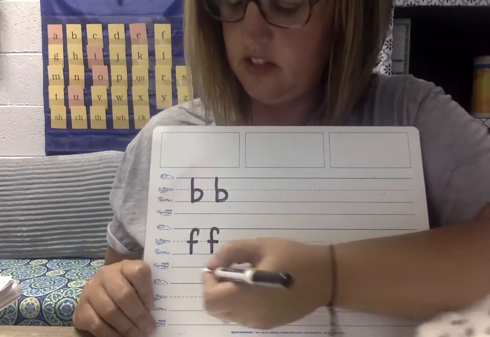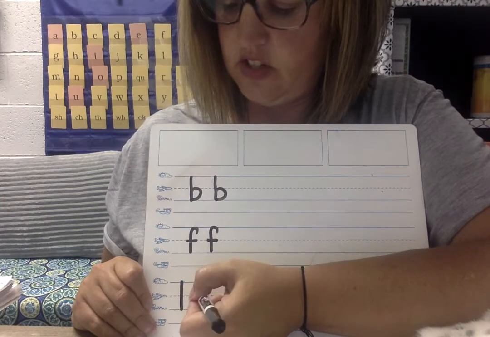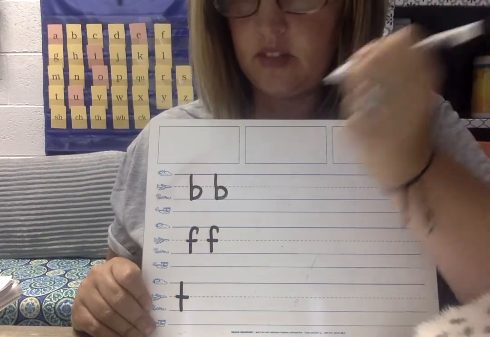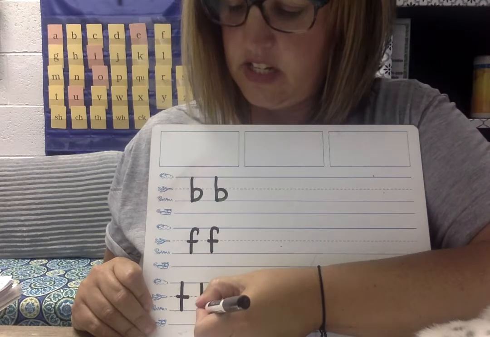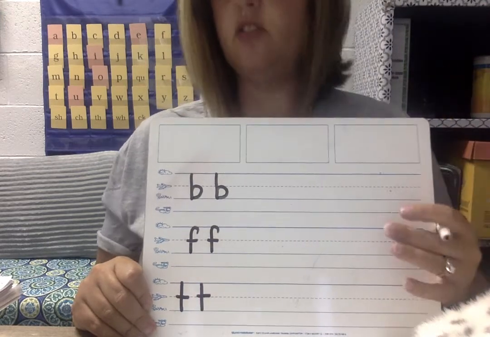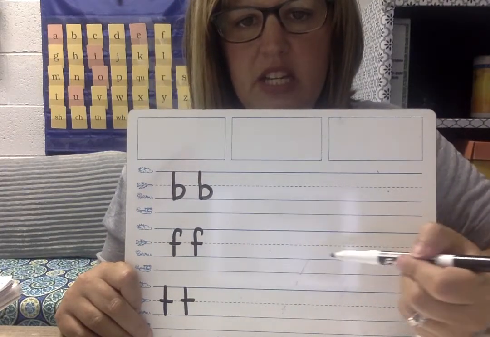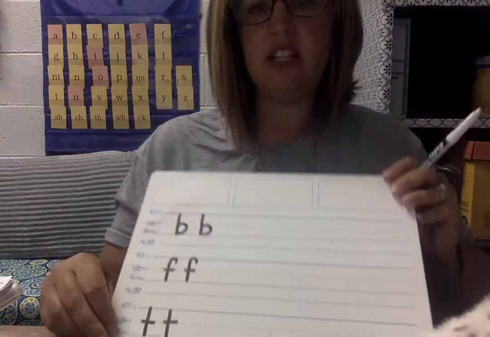Our final letter, the letter T, we're going to start at the skyline, straight down to the grass line, cross over at the plane line. Start up at the skyline, straight down to the grass line, and cross over at the plane line. You can practice all of your letters, your B, F, and T, on your paper. When you're done, erase that and you'll be ready for tomorrow.